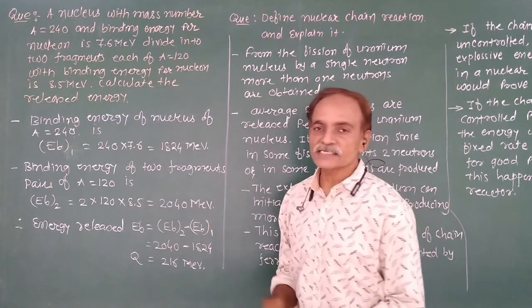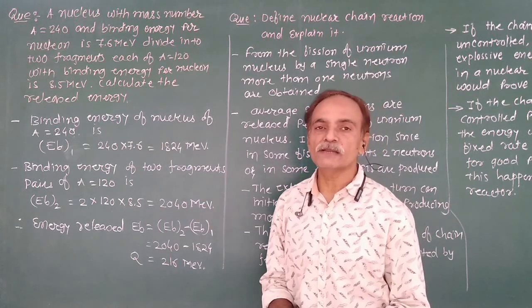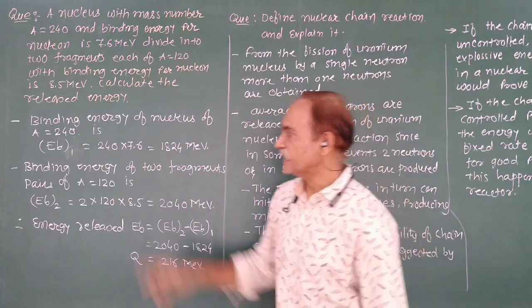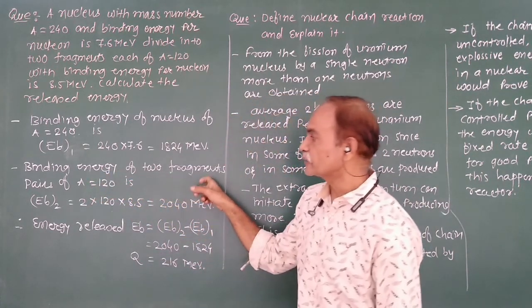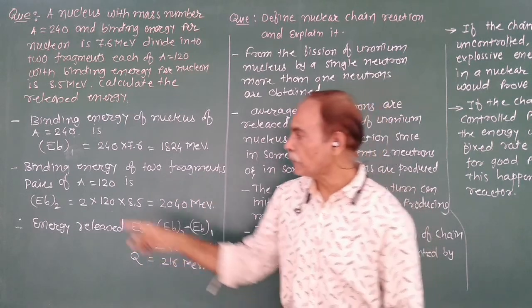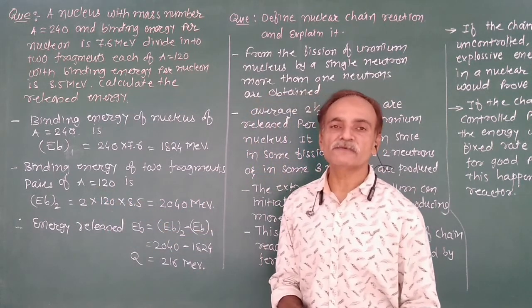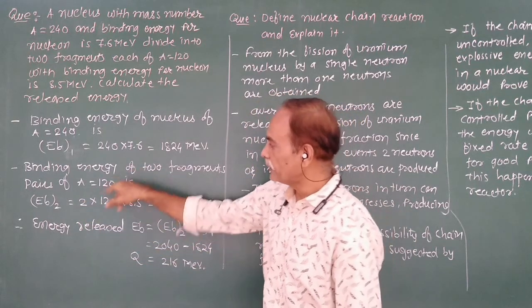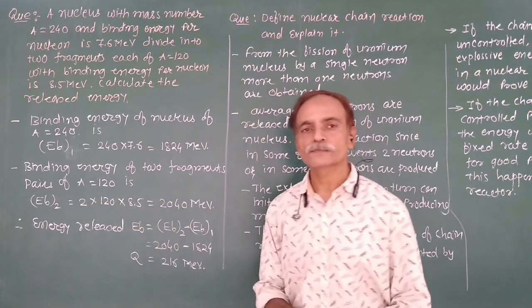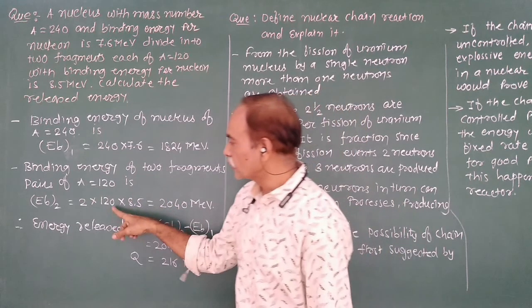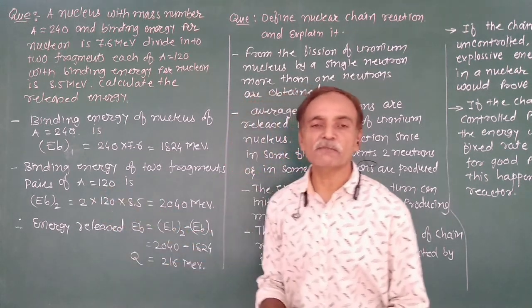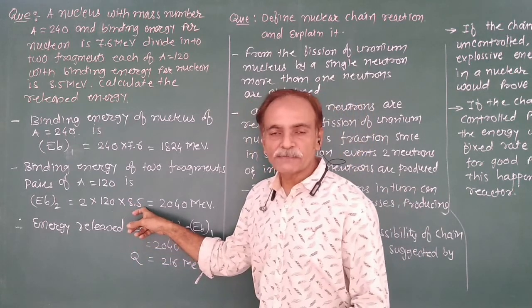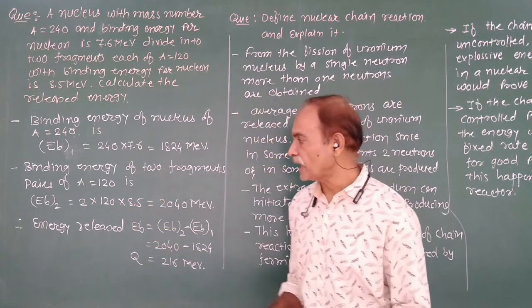Now this nucleus is divided into two equal fragments of atomic mass number 120. Therefore, binding energy of the two fragments of atomic mass number 120 is EB2. Here two fragments are produced, therefore 2, into the number of nucleons 120, into binding energy per nucleon 8.5.